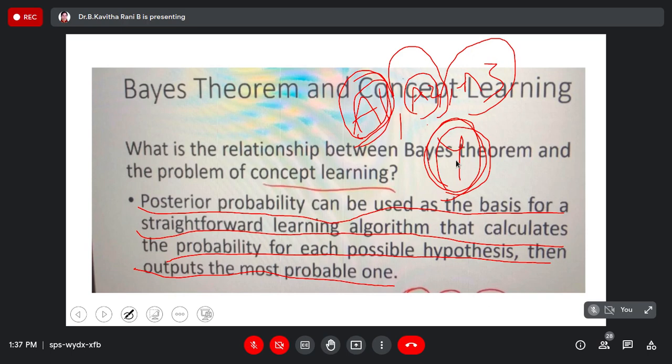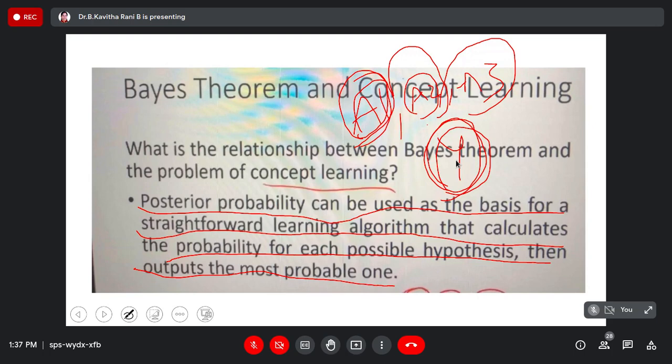We have to see which hypothesis is accurate, which hypothesis is more likely given the data set or training examples. That is the most probable hypothesis.